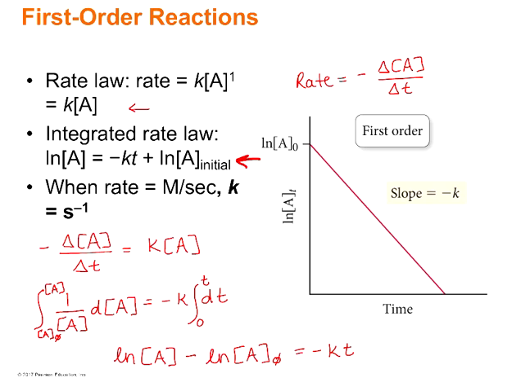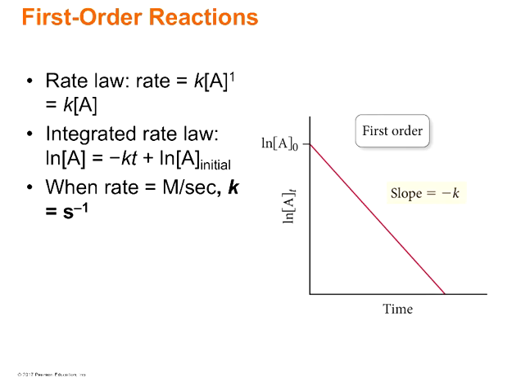All right. So now what about the half-life? And the half-life expression isn't written here on this slide, but we're just going to find it the same way that we found the previous zero-order half-life expression.